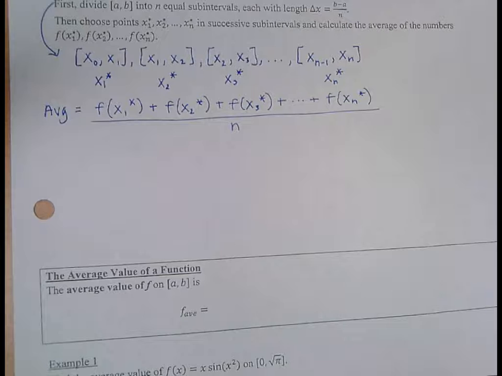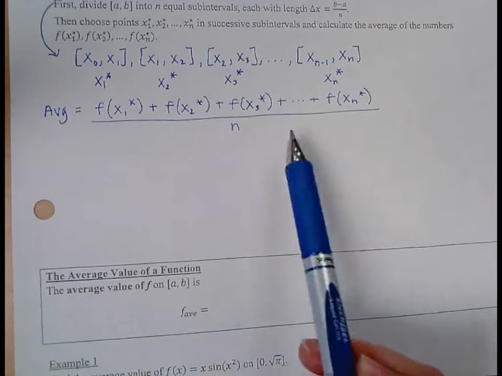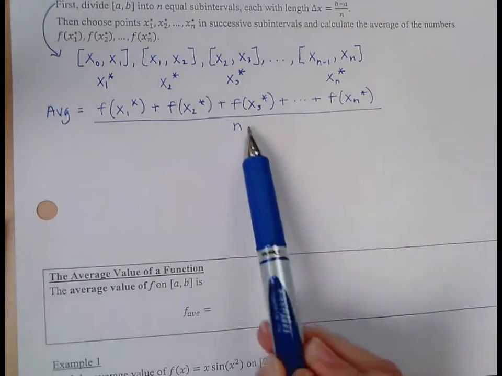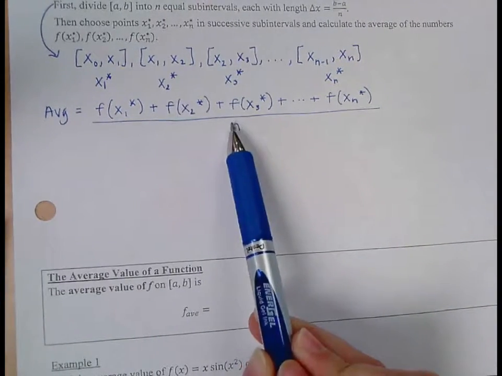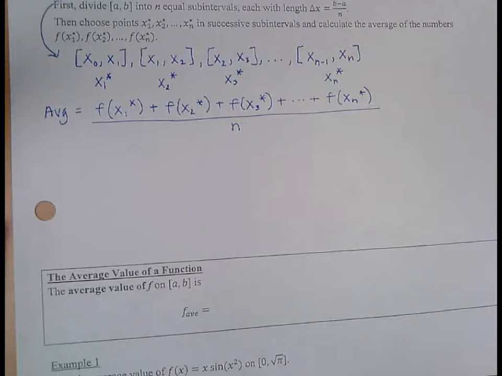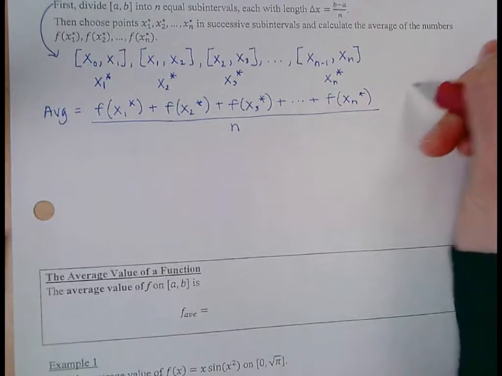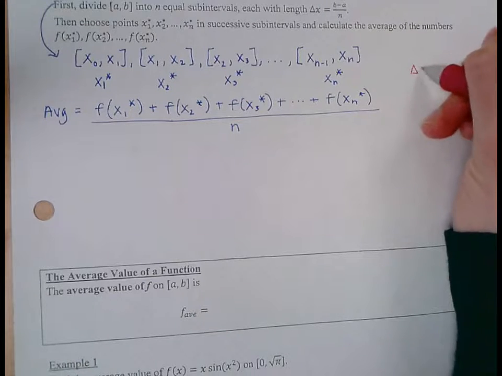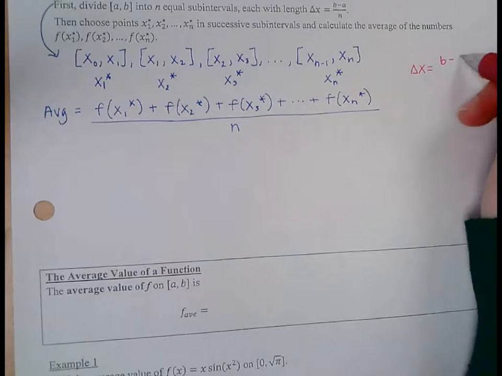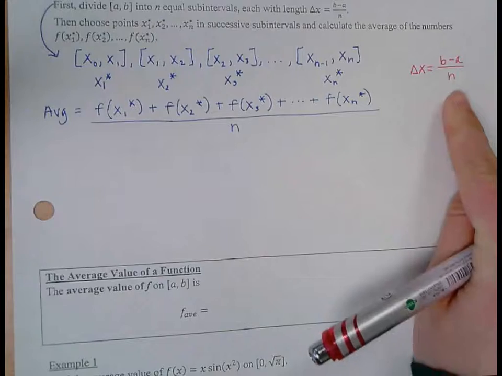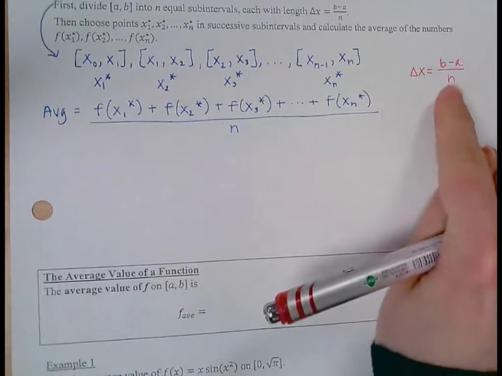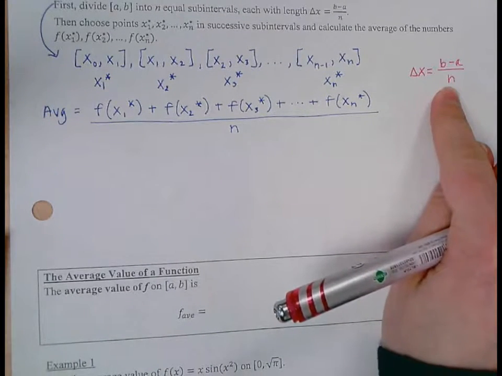But where we grew with integrals, especially with areas, is we said, okay, here's an approximation. How do we make it exact to get to the integral? This is going to take some rewriting. I'm going to rewrite this denominator n, knowing that delta x is b minus a divided by n. I can rearrange this to have n equals something.